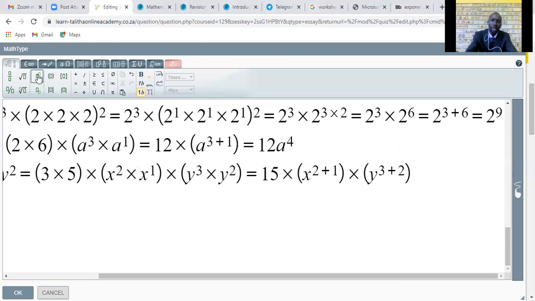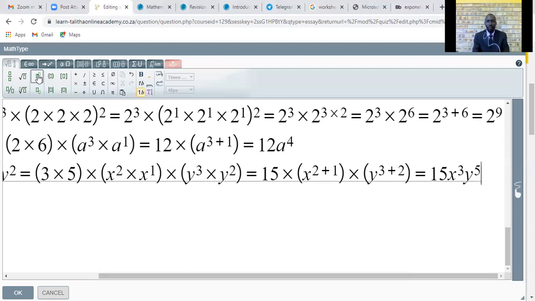Well, what we get is 15, then X with exponent of 3, then Y with exponent of 5. And this becomes our answer.